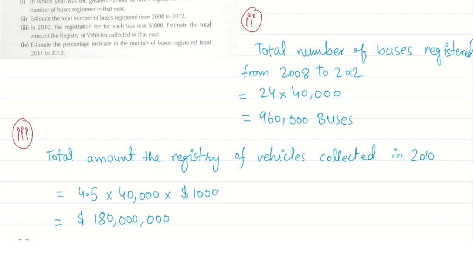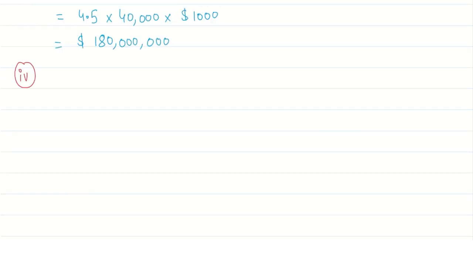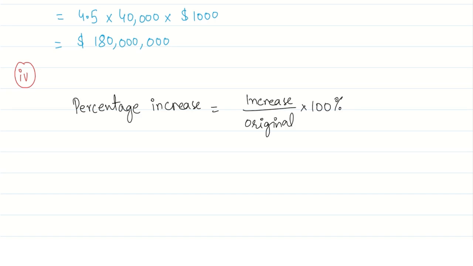Part number 4, estimate the percentage increase in the number of buses registered from 2011 to 2012. So let's remind ourselves of the formula of percentage increase. Percentage increase equals increase in the number of buses divided by the original number of buses, which were in 2011, multiplied by 100%.